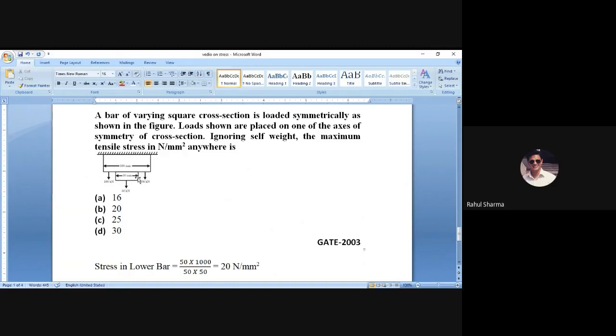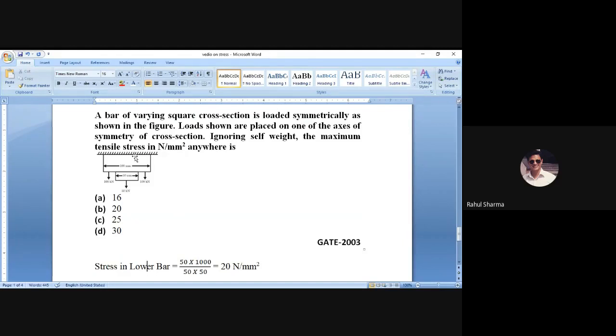Right. Now if we talk about the lower bar, on this surface there is a load of 50 kN only. So if the applied load is 50 kN, this means the resisting force will be of the same magnitude, that will be 50 kN, because you know at the upper end the bars are fixed. This means the resisting load will be 50 kN.